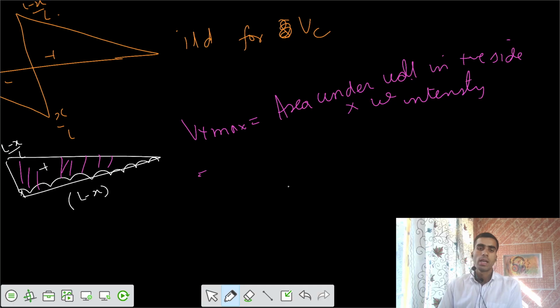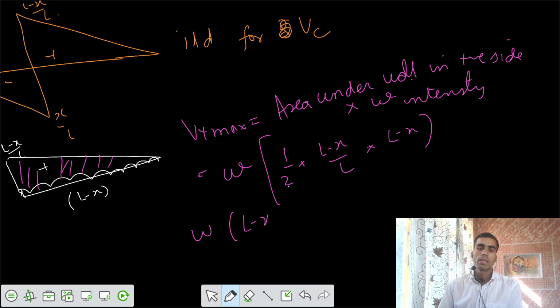If I calculate that, with an intensity of W kilonewton per meter, and the area under the curve equal to 1 by 2 times L minus x by L into the length L minus x, you get W times L minus x whole square by 2L. This is the maximum positive shear force we can have at C.